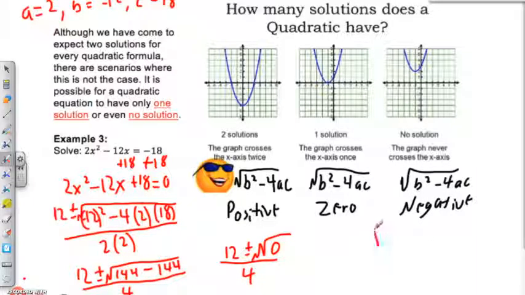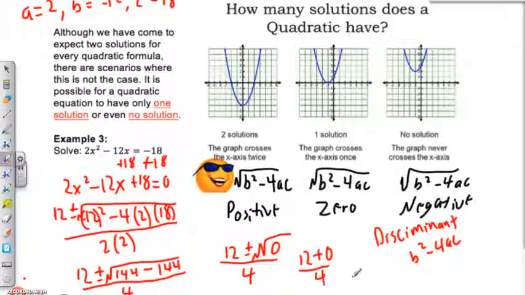I'm just going to make a note of that one more time over here. Discriminant, which is the b squared minus 4ac. Alright, that is going to be 0. Now when you take the square root of 0, you're going to get 0, and 0 is neither positive nor negative, so we can just do 12 plus 0 over 4, which is going to, of course, be 12 over 4, which will be 3.